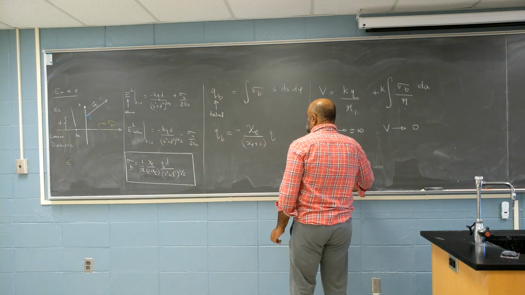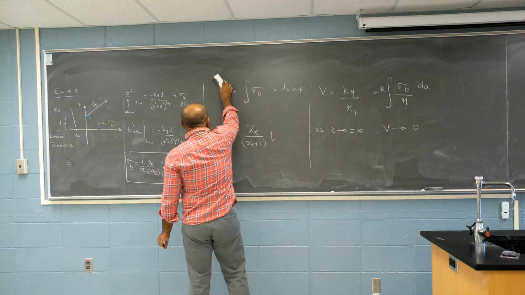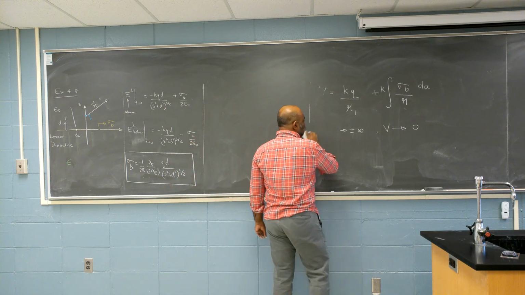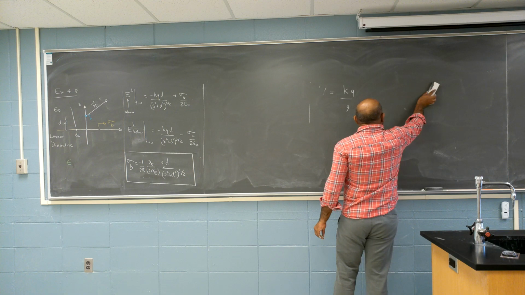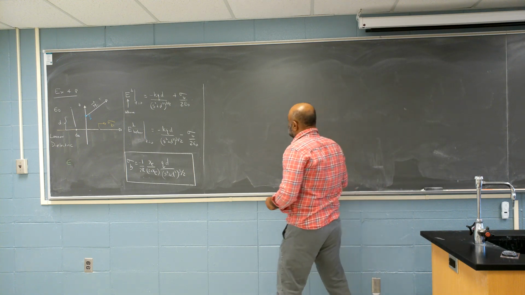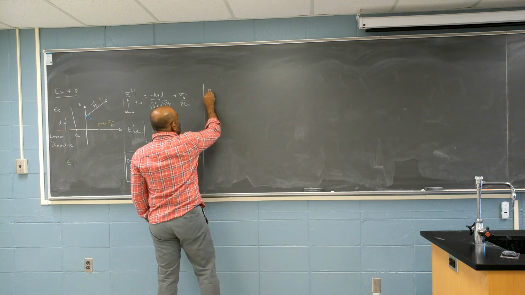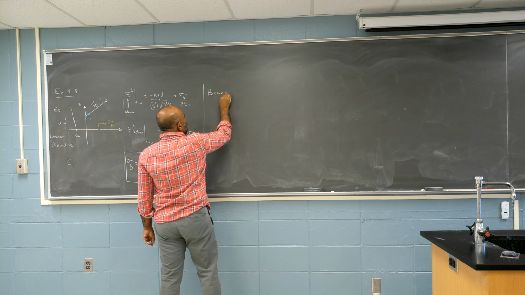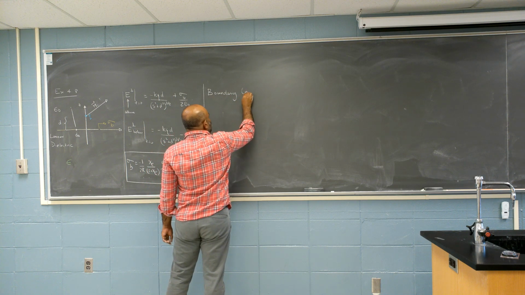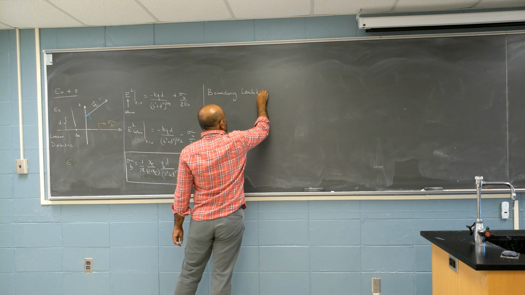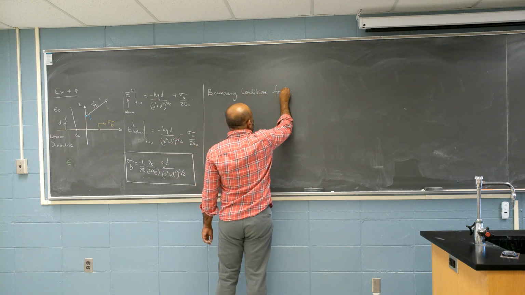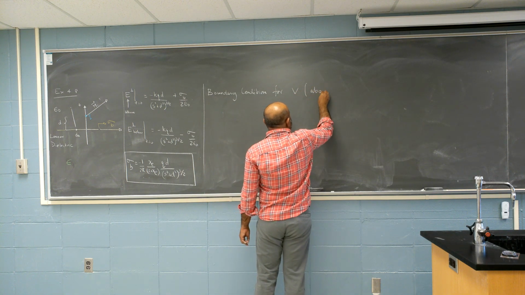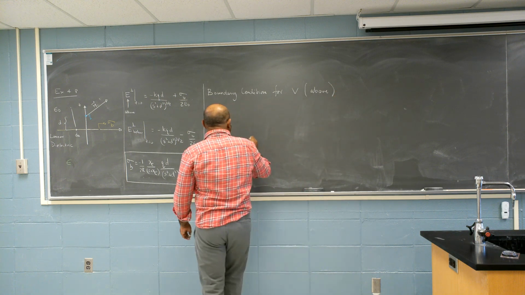So what I'll do is I'll erase all of this and write boundary conditions for potential. I'm going to break it into two regions.